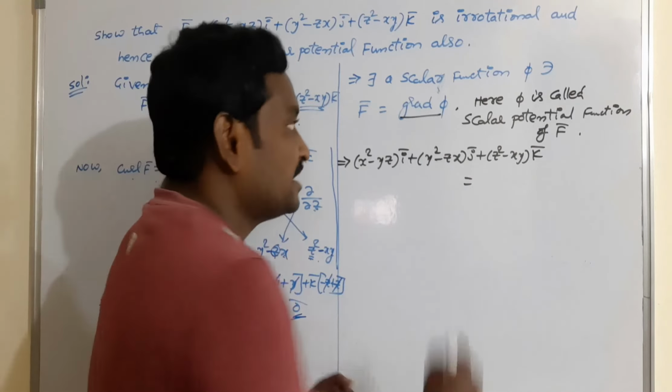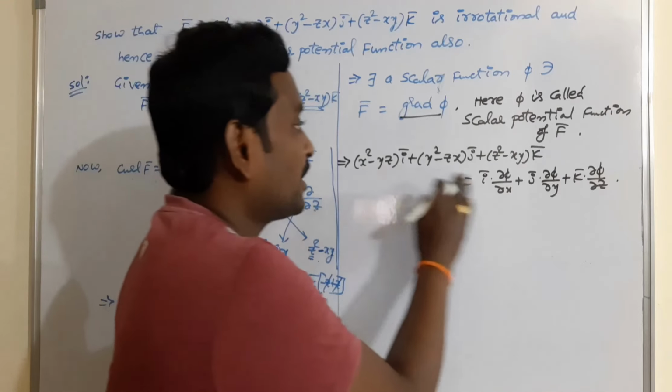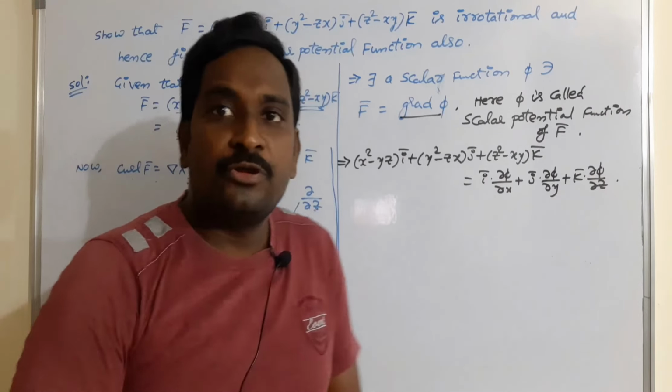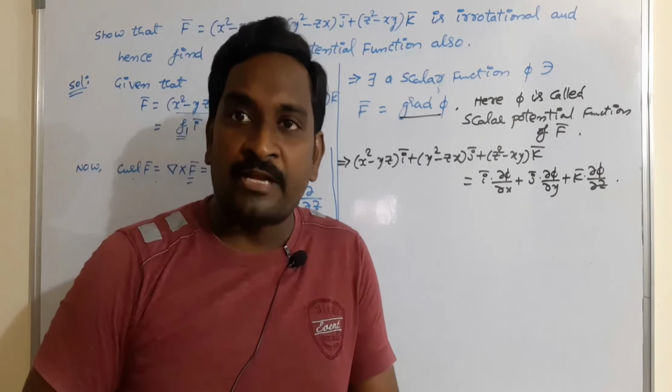Here we are observing that two vector point functions are equal. We know that two vector point functions are equal only when their corresponding components are equal. The coefficient of i bar, x square minus yz, should be equal to the coefficient of i bar on the right hand side, which is dou phi by dou x. So dou phi by dou x is equal to x square minus yz.